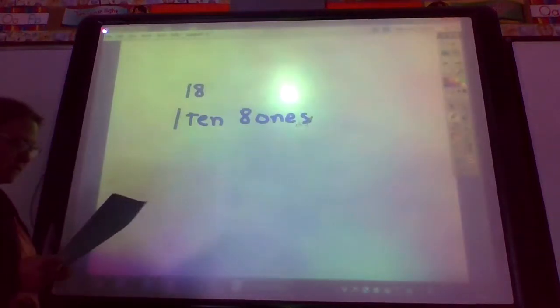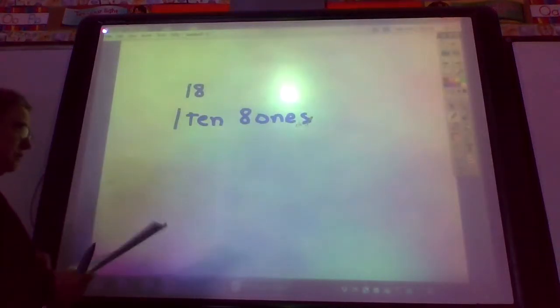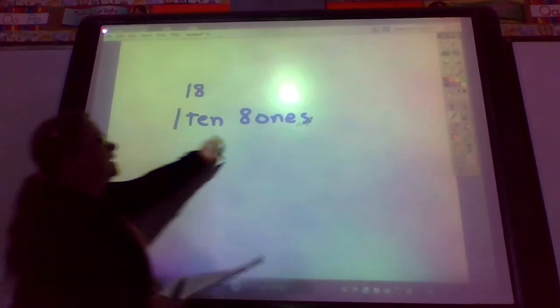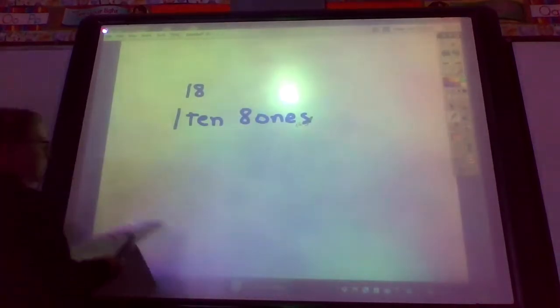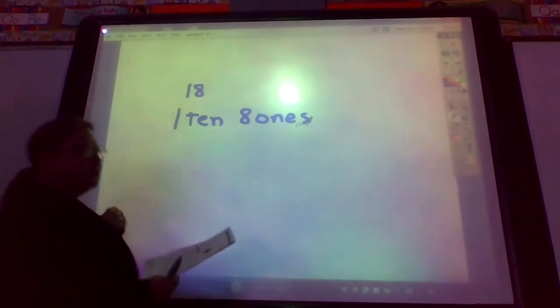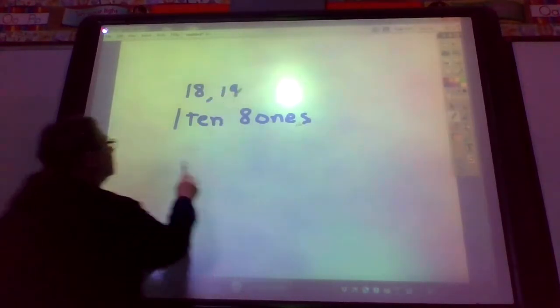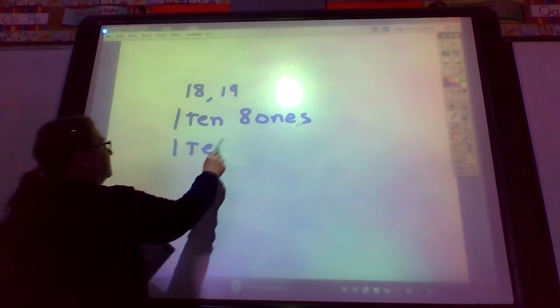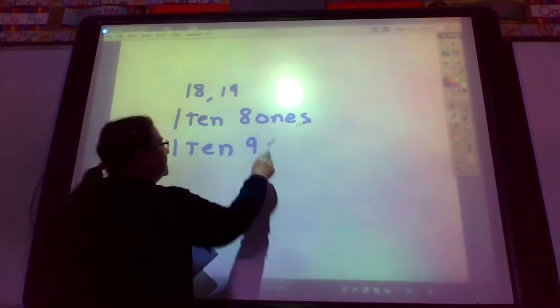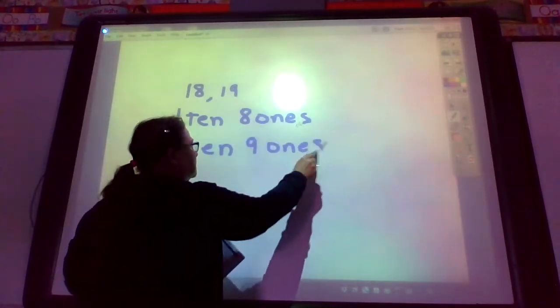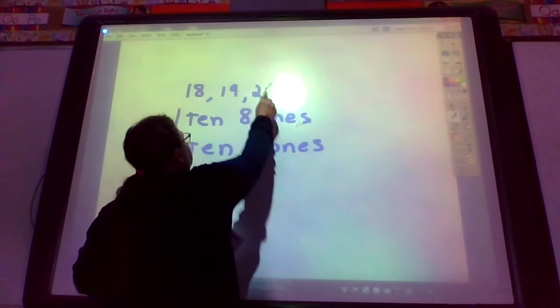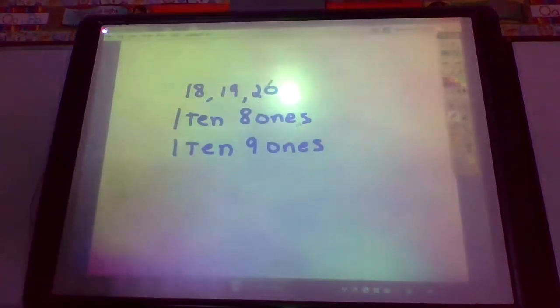This is some counting that we're doing by unit form. 1 ten, 8 ones, unit form. Not our uniform, but unit form. Well, if we put 19, we would have 1 ten, 9 ones.